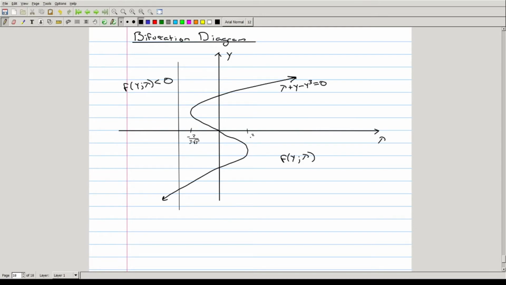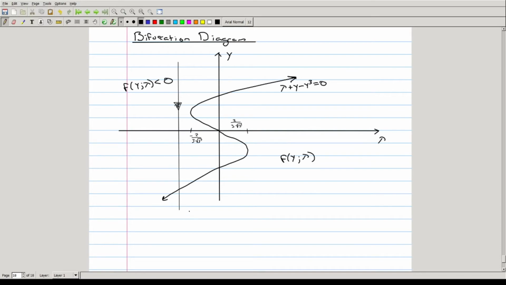And this is positive 2 over 3 root 3. So when lambda is less than negative 2 over 3 root 3, you have one stable critical value.